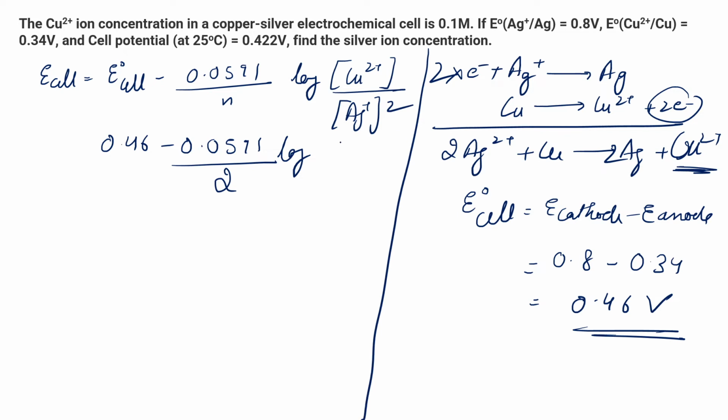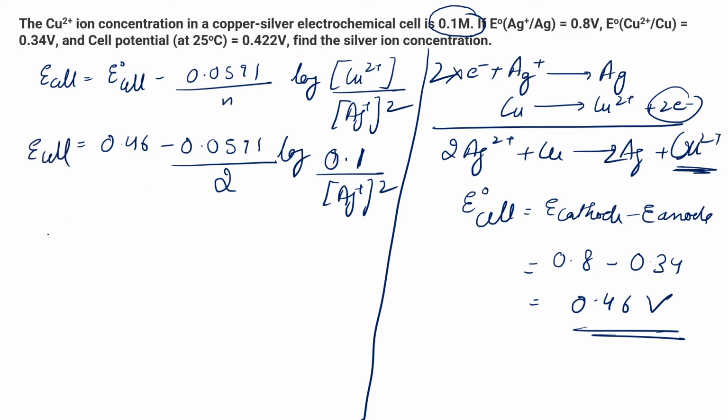So the concentration of copper 2 plus ion in the given electrochemical cell is 0.1. They have mentioned that the concentration of copper is 0.1. Silver they have asked us to calculate. So we need to calculate the silver ion concentration.